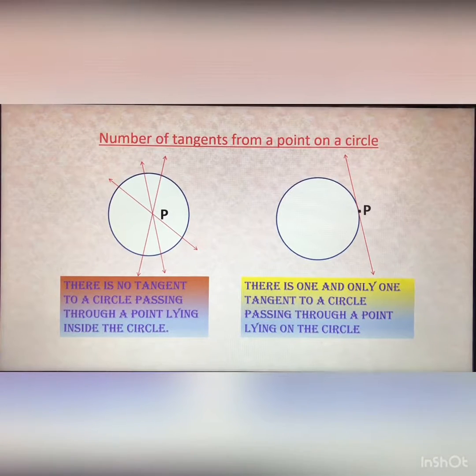There is one and only one tangent to a circle passing through a point lying on the circle. अगर सर्कल पर कोई एक पॉइंट ले लिया जाए तो आप उस पर केवल एक और एक ही टेंजेंट ड्रॉ कर सकते हैं. तो 2 पॉइंट हो गए. जस्ट इंटीरियर पॉइंट लाइज जस्ट इंटीरियर ऑफ द सर्कल एंड पॉइंट लाइज जस्ट ऑन द सर्कल. सो हियर इज नंबर ऑफ टेंजेंट 0 एंड हियर इज द नंबर ऑफ टेंजेंट 1.